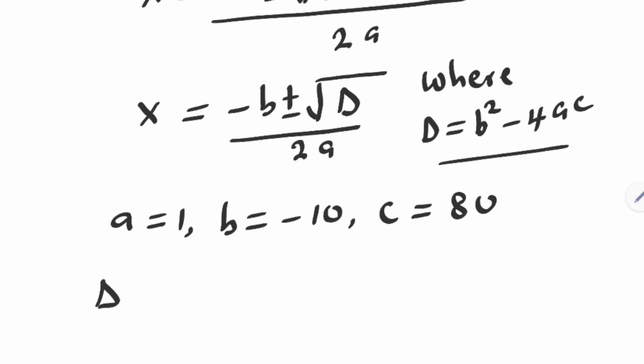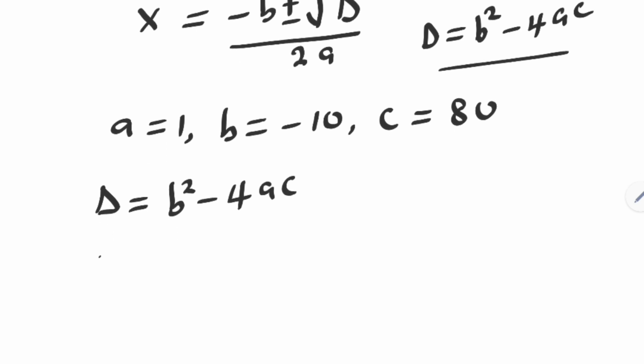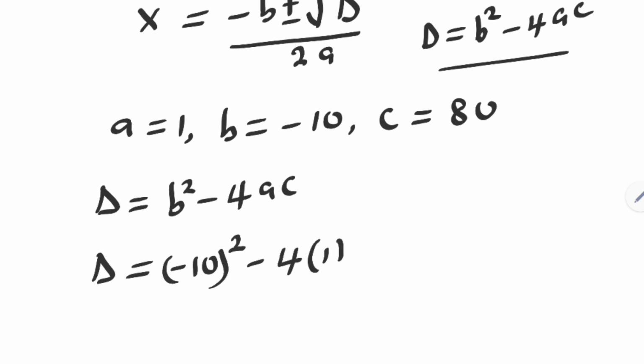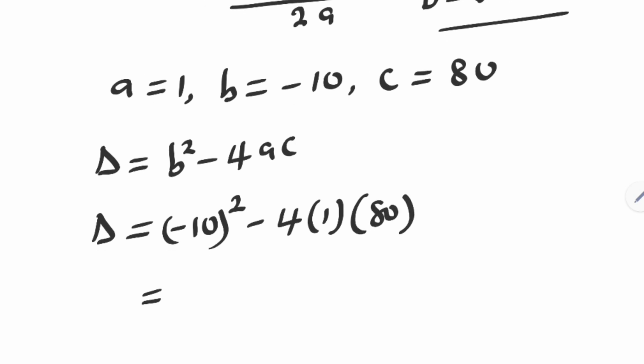Discriminant d is equal to b square minus 4ac. d is equal to minus 10 square minus 4 multiplied by a, which is 1, multiplied by c, which is 80. This is equal to minus 10 square, that is 100, minus 4 multiplied by 1 multiplied by 80, that is 320.